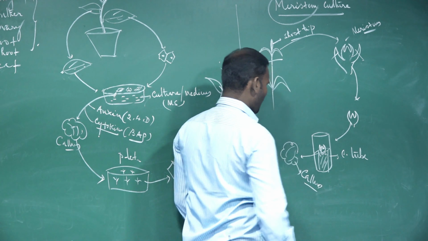Because the shoot tip has a high concentration of auxin, and rapid cell divisions. Cells are dividing actively due to the presence of a high concentration of auxins. So that is why it is free from virus. These shoot tips are introduced into the culture medium to regenerate a plant. These plants are free from virus. These are called meristem culture.